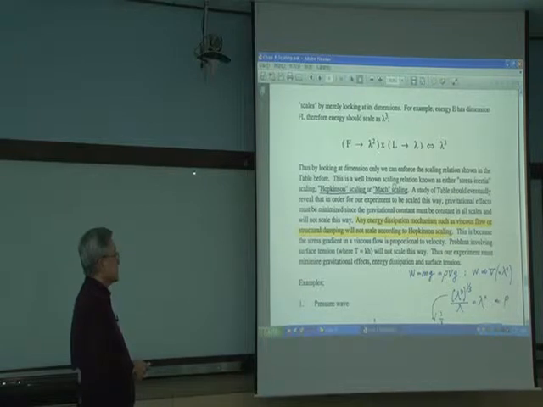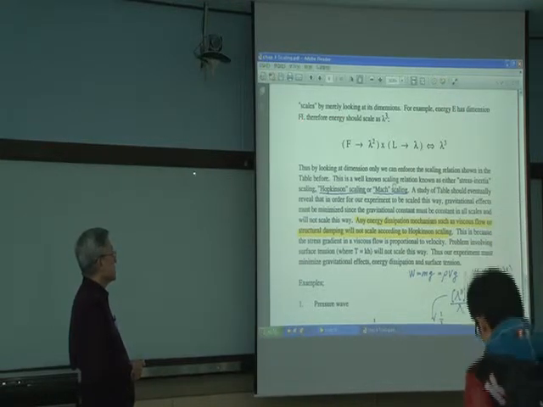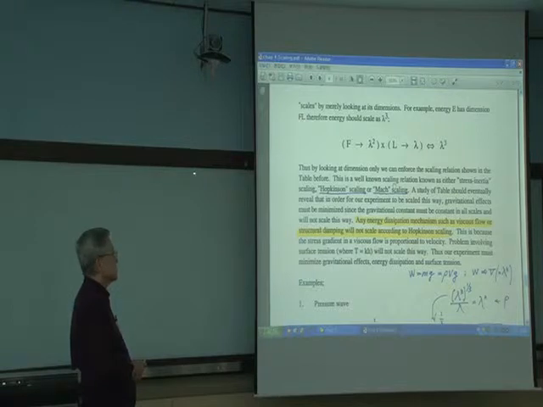So as I mentioned here, this is a case for the energy. The energy is the force times the length. So this is really work done.